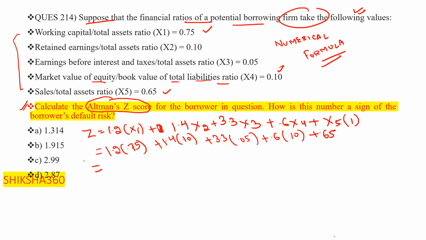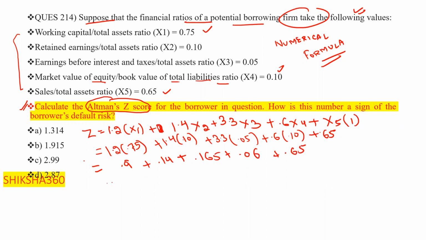So 1.2 into 0.75 is 0.9, plus 1.4 into 0.10 is 0.14, plus 3.3 into 0.05, sorry, 0.05, this comes out to 0.165, 0.06, 0.65.